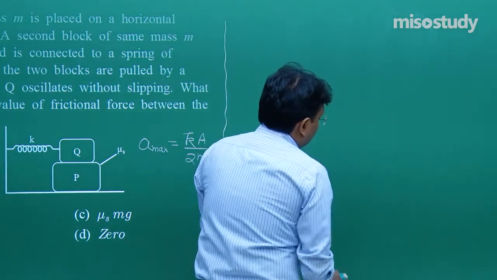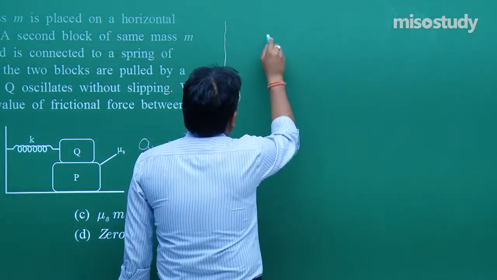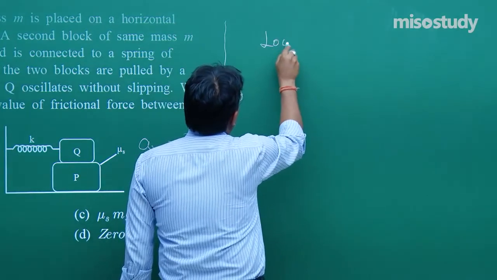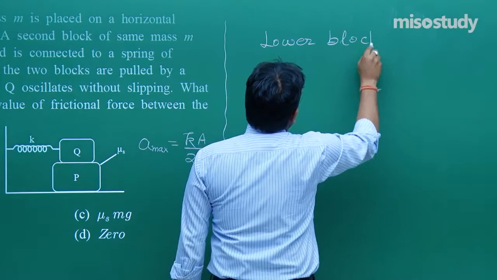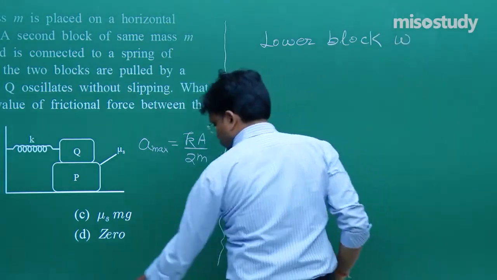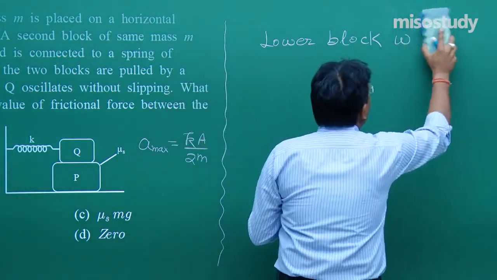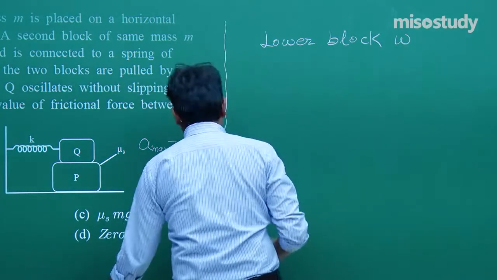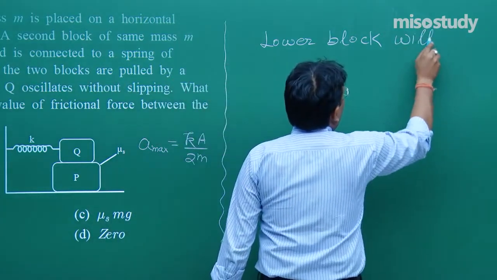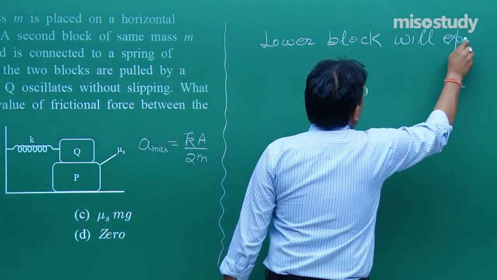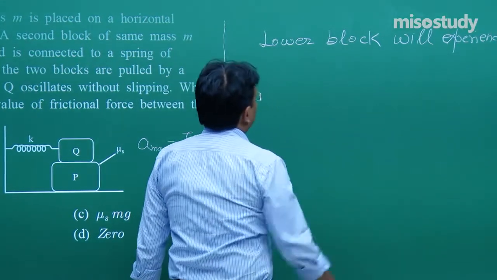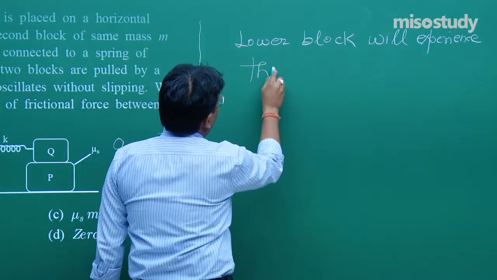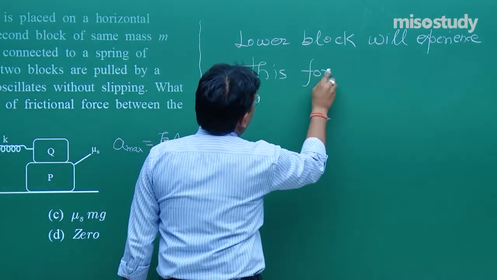So what is this next system? That is lower block will experience this force, and why?